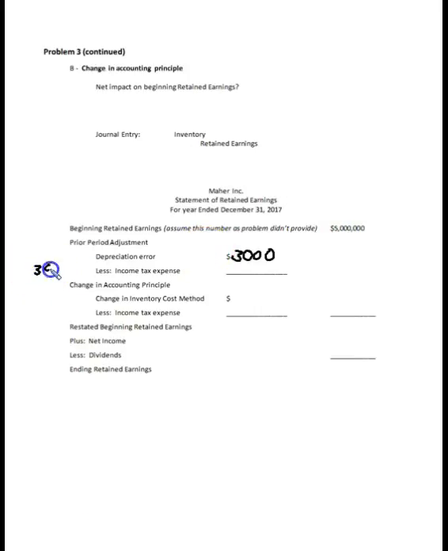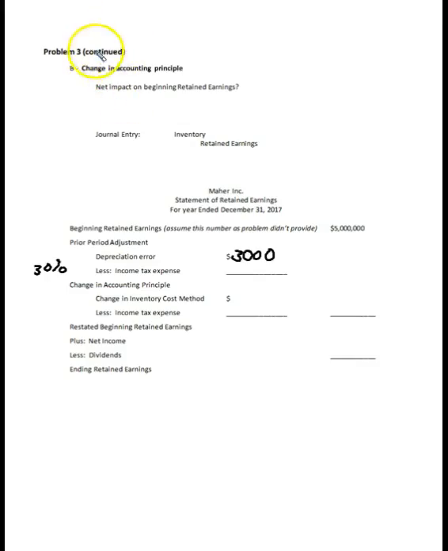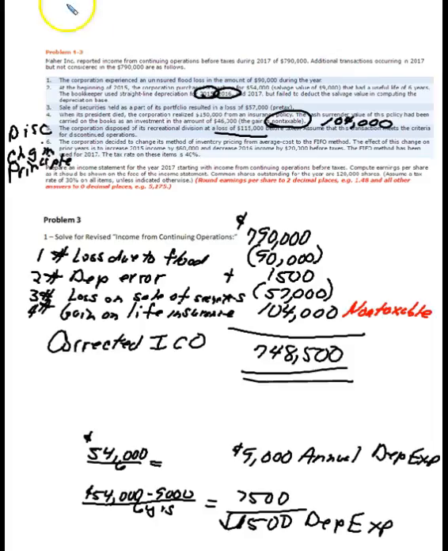Now, we also would need to report the income tax expense effect. And I'm going to come back when I finish this up, we'll talk about the tax impact as well. Let's go on to the change in accounting principle. So the change in accounting principle, that actually was not over here in number 6.